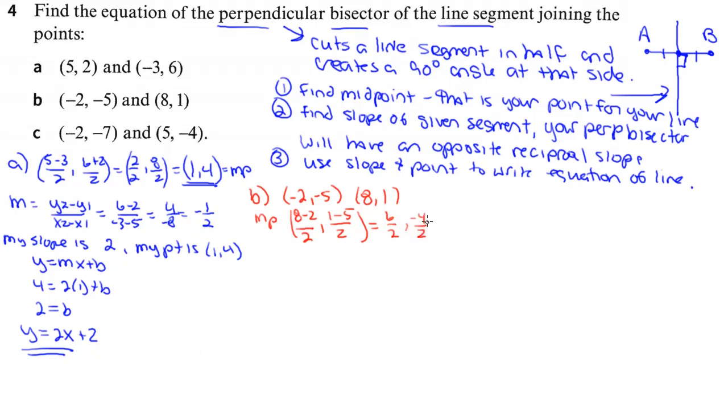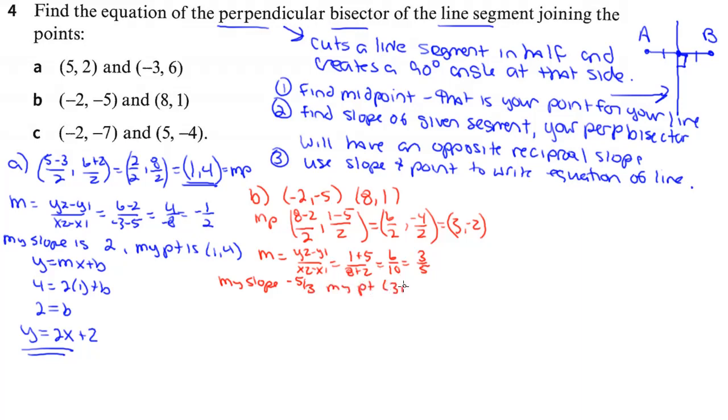And once I've done that, all I'm going to do is find the slope of the line segment. So right now I've got my midpoint, that's 3, negative 2, and then when I find the slope of my line segment, it's going to look like this, and I end up, it's 3/5. Now keep in mind, that's not mine, that's the line segment. Mine's going to be the opposite reciprocal, or negative 5/3.